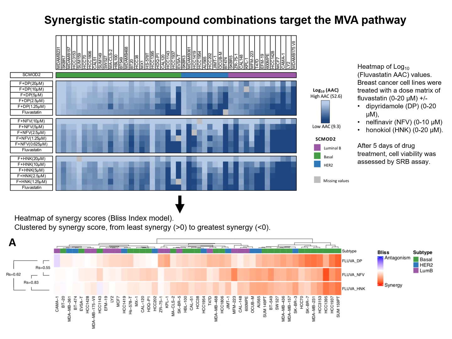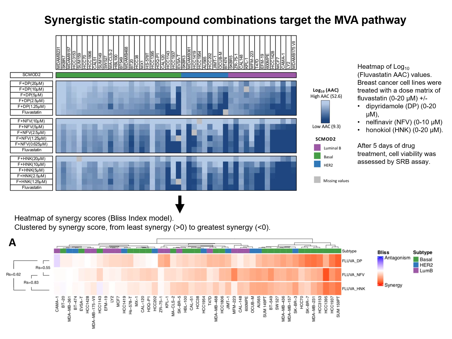This is a 5-day cytotoxicity assay to assess fluvastatin, and the combination of fluvastatin with each of these compounds, in terms of efficacy. We can see that, very similar to dipyridamole, if you play with the different drug combinations, there's also a dose-dependent increase in fluvastatin area above the curve value.